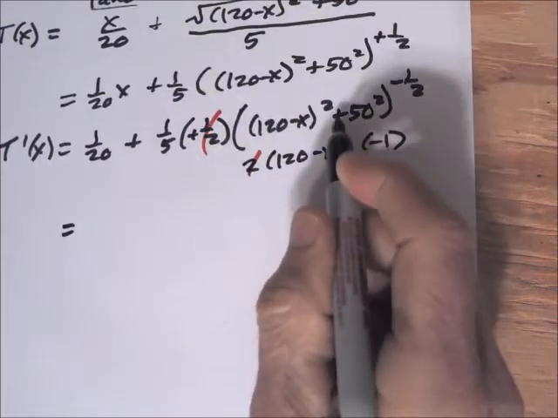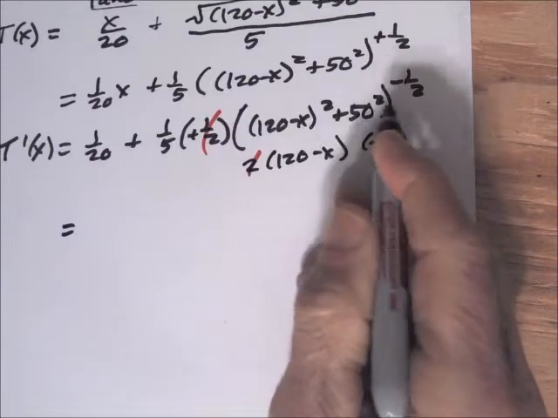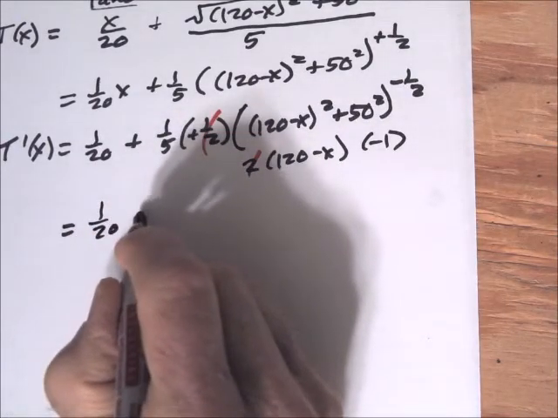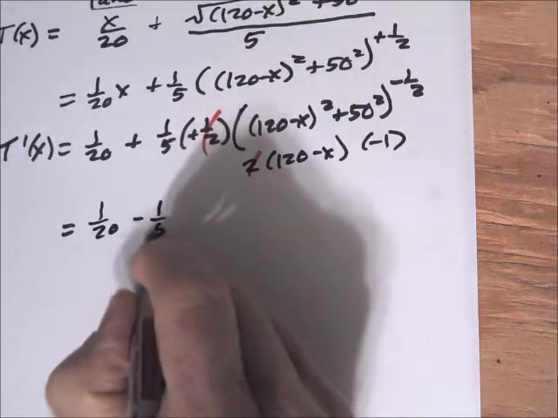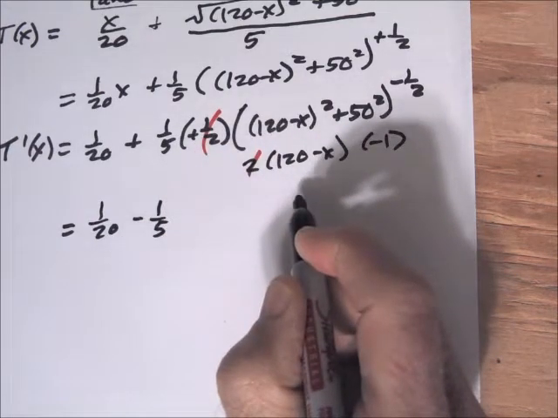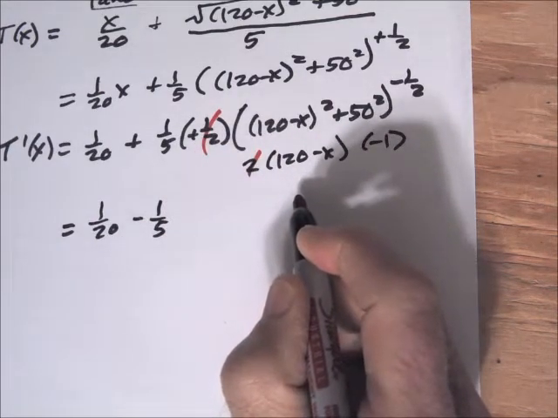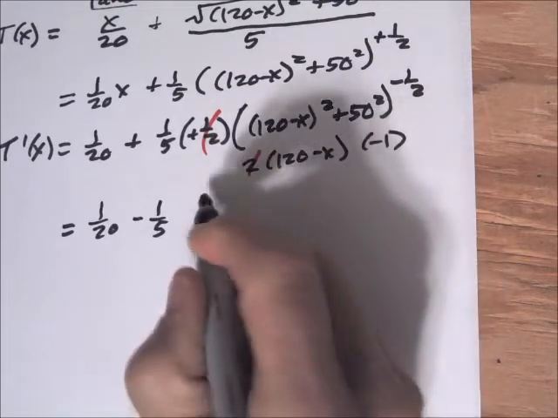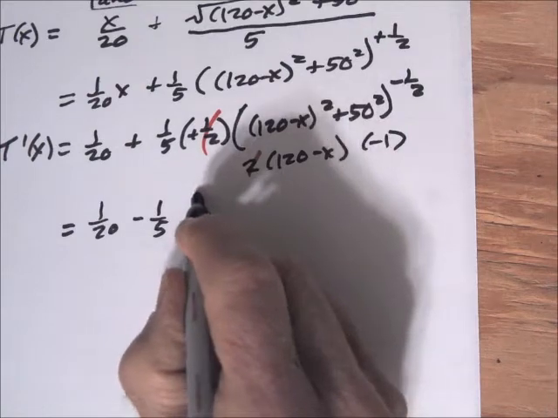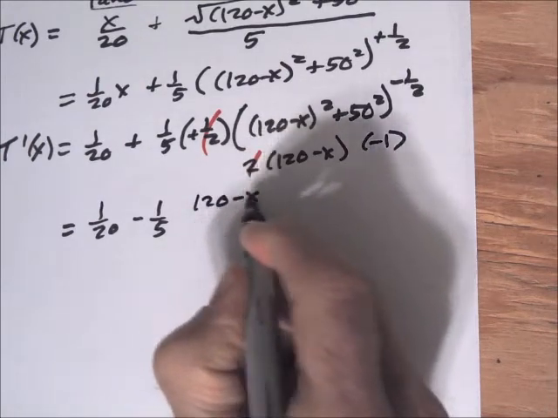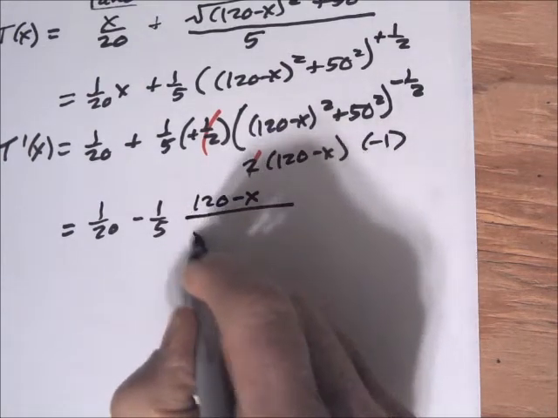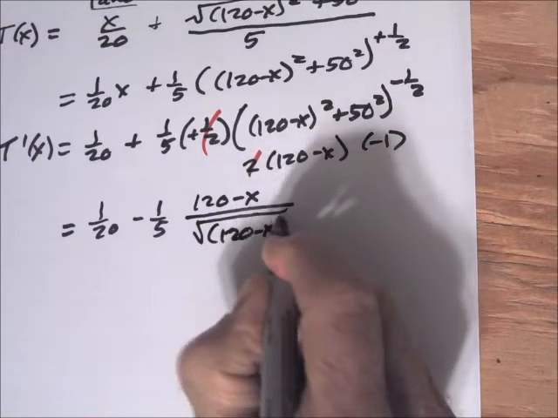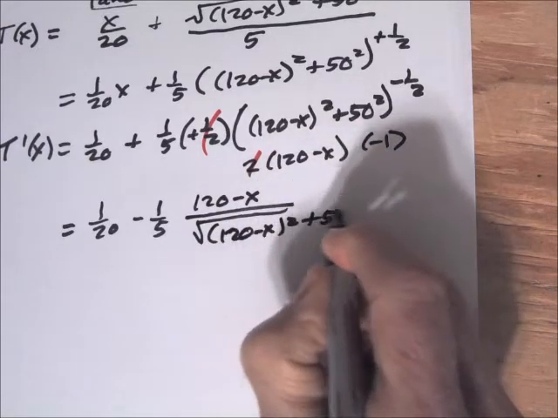I'll rewrite this negative exponent as a radical. So we'll have 1 over 20 minus 1/5 times 120 minus x over the square root of 120 minus x quantity squared plus 50 squared.